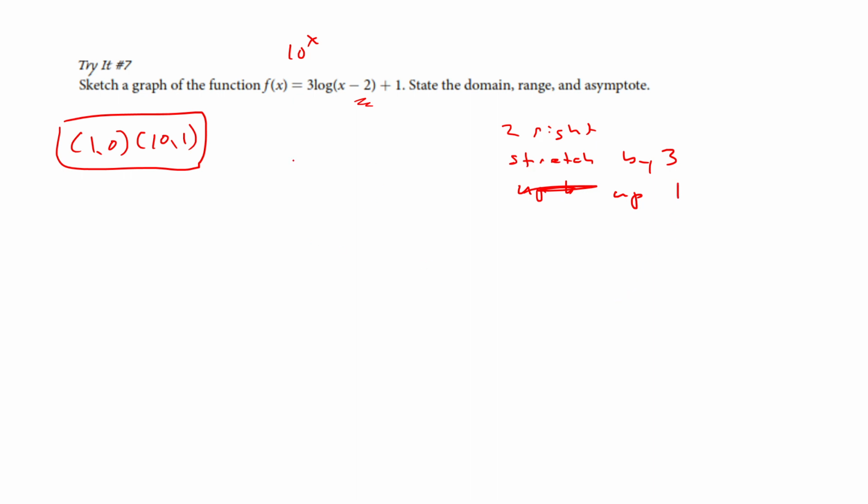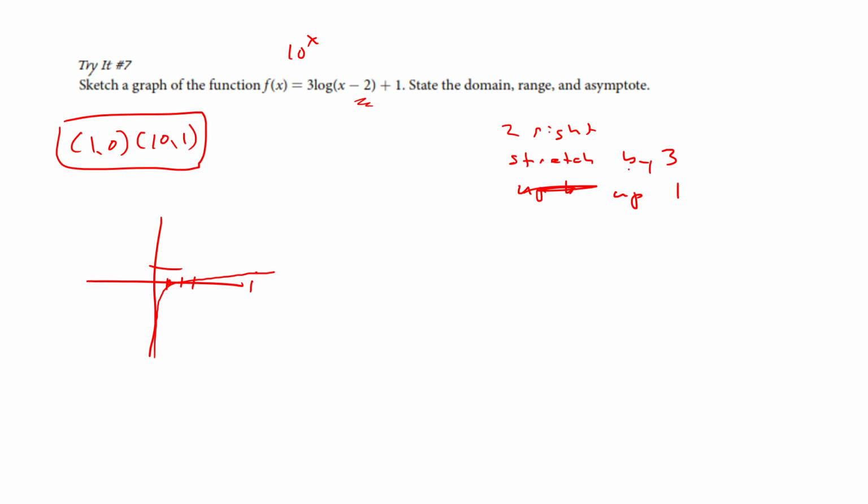Okay, so it would be easier to do this with the picture. Now 10 is somewhere way over here. So this is the original common log function being graphed. Now we're going 2 to the right. The stretch is going to make this hard, but we're also going up 1. So let's do the stretch.